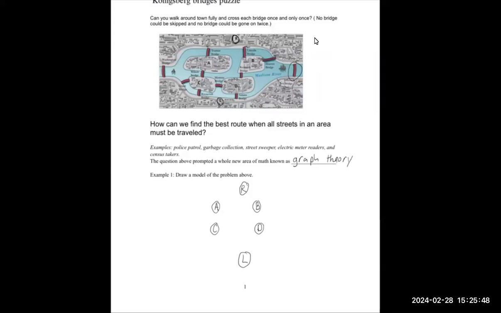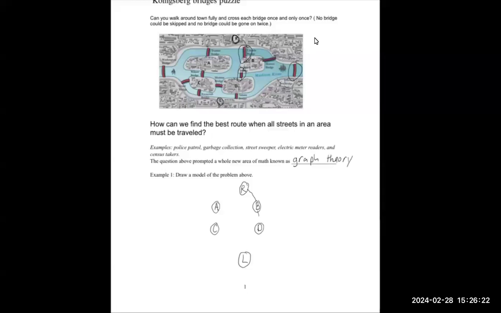So what we can do is, for the important places that we need to go, I made letters and circles to represent each of the different islands and locations. Now, for each bridge that connects, I'm going to draw a bridge on my picture where the real bridges are connecting. So there's a bridge here from island B to island R. So I can do a line from B to R to simplify this. And then there's a bridge from B to D.